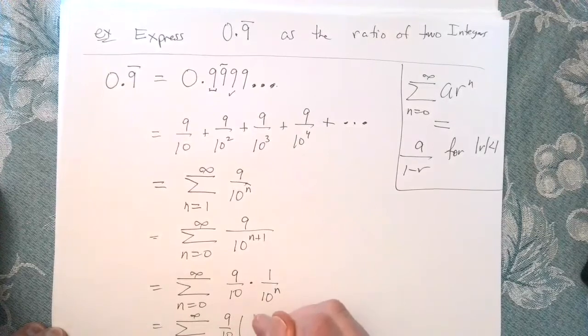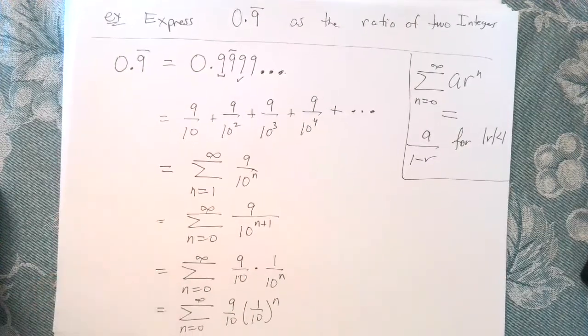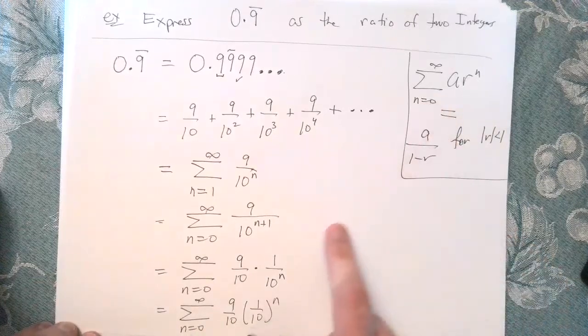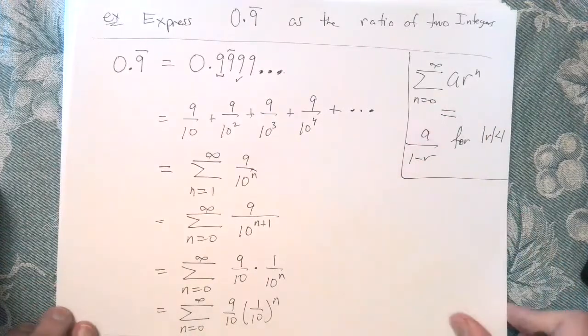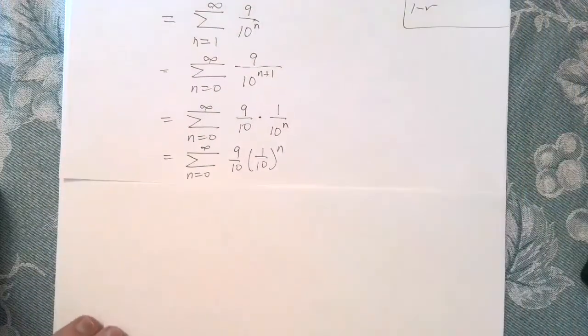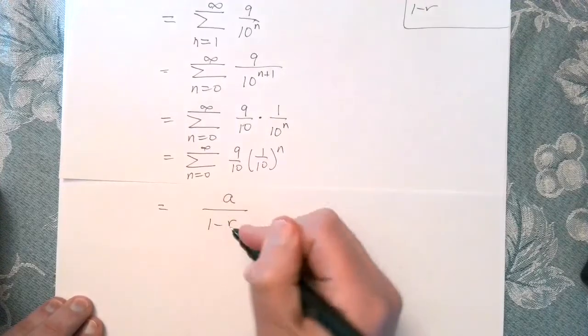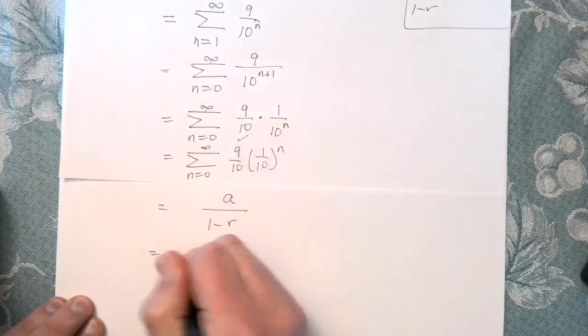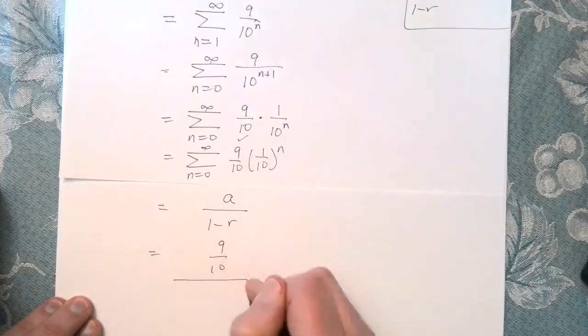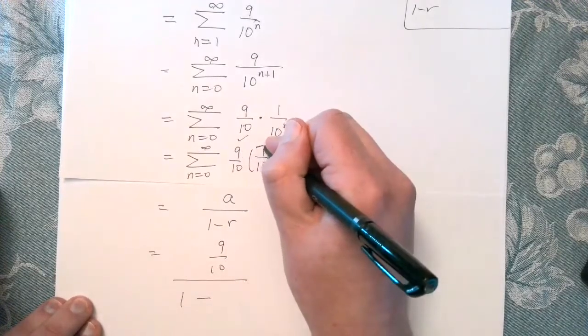So this is 9/10 times 1/10 to the n. So this is exactly in this form. So that means we're allowed to use our formula. And so, of course, this is equal to a over 1 minus r, but this is a. And this right here is r.